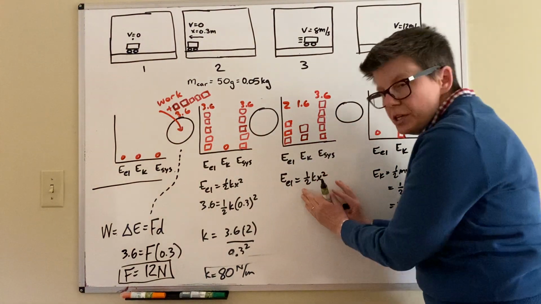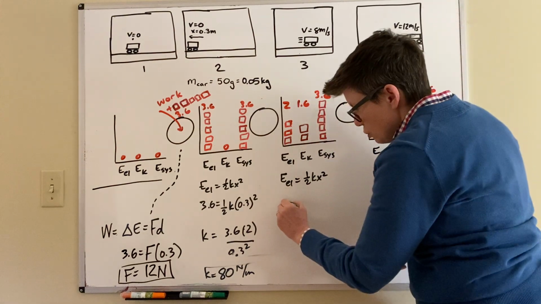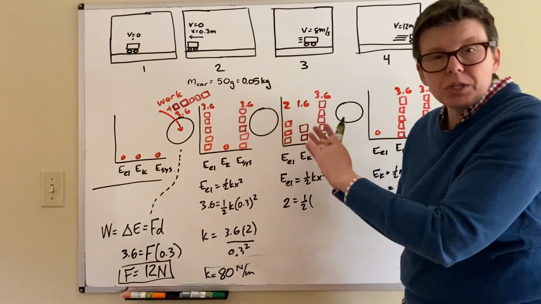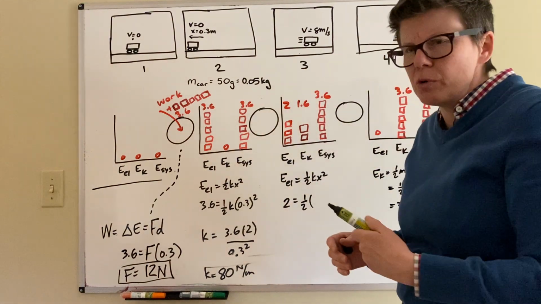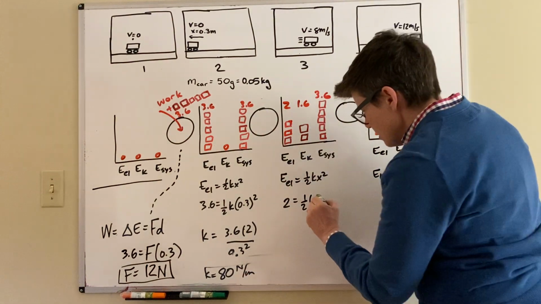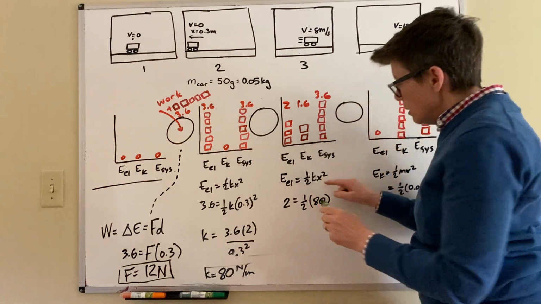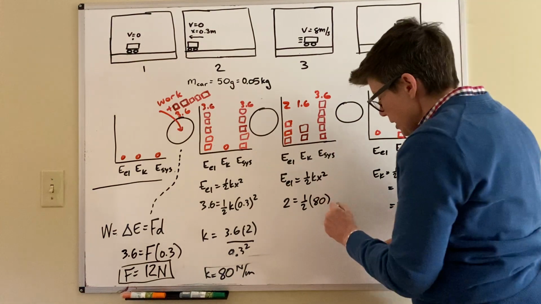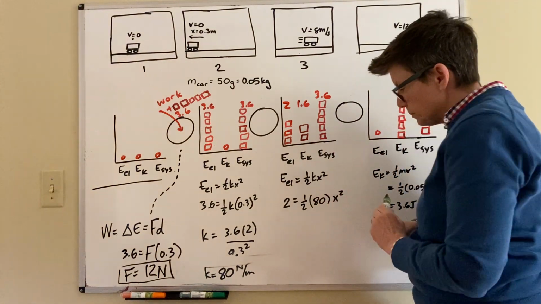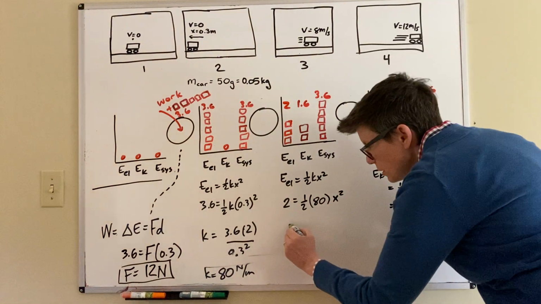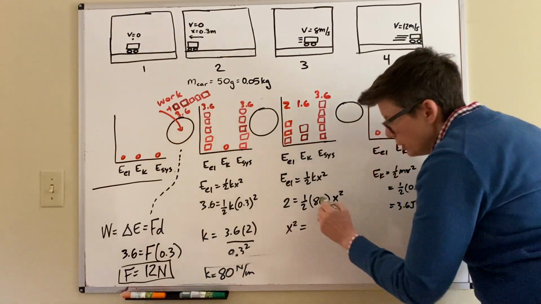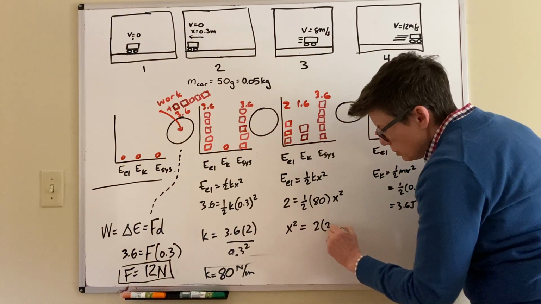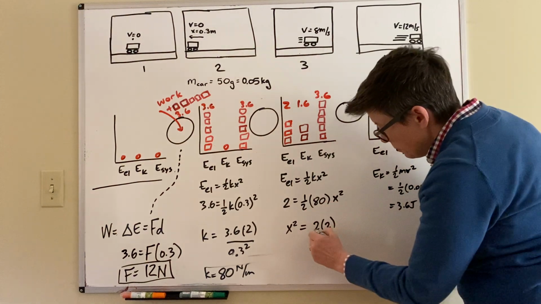Elastic energy in this state, 2 joules. Same spring in these two states. The K remains constant. That's the whole point of spring constant, 80. How much is the spring displaced in this state? That's what this question's asking for, is X. Let's solve this for X. I'll start with X squared. Rearrange, divide everything over here. 2 times 2 divided by 80.